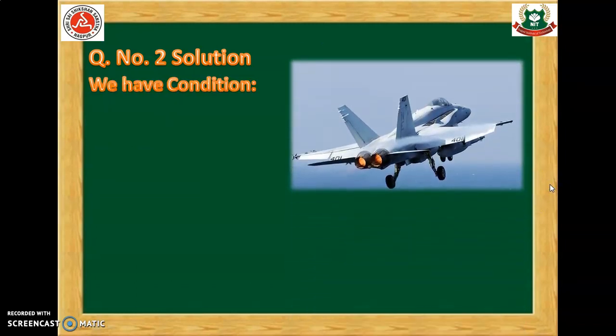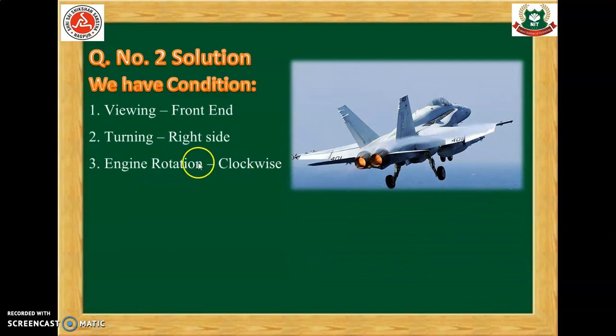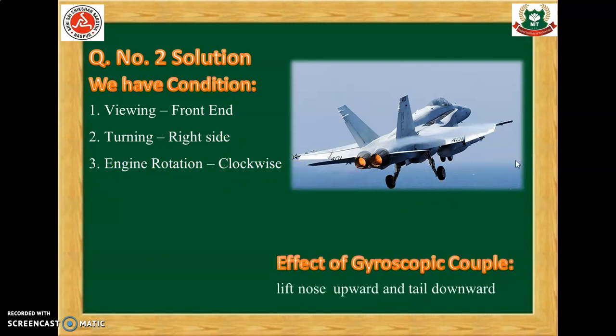Let us see once again. We have the three conditions: we are observing the plane from front end, the plane takes a right turn, and the engine rotates in a clockwise direction. So the effect of gyroscopic couple is to lift nose upward and tail downward. You can see in the diagram also, the front part of the plane is going up and the rear part is going down.